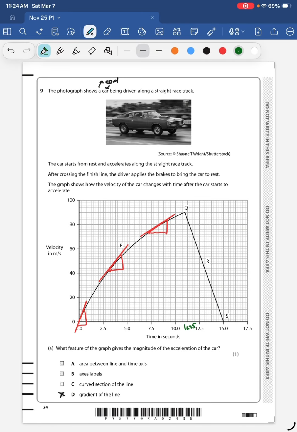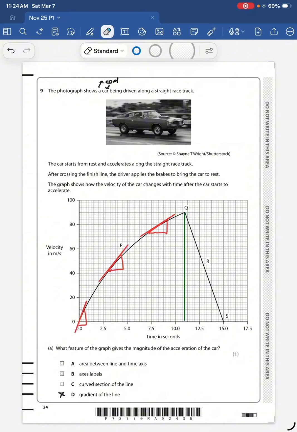That's the line. I don't have a steady hand, as you can see. So that's 11 seconds to 15 seconds.